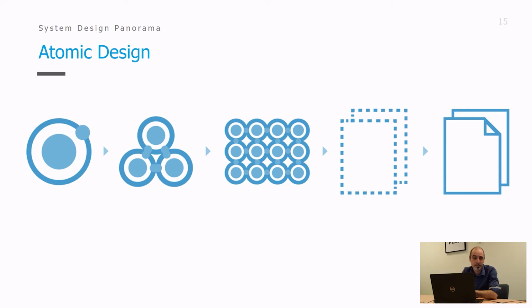Atoms are teeny parts of the design. It's a color, it's a shape, it's a space. Atoms are gathered together in molecules, then in organisms, then in templates, then in pages. Yes, of course, because atomic design was firstly designed for websites and user interfaces. And also, this behavior fits SCADA, HMI, and of course Panorama SQL.